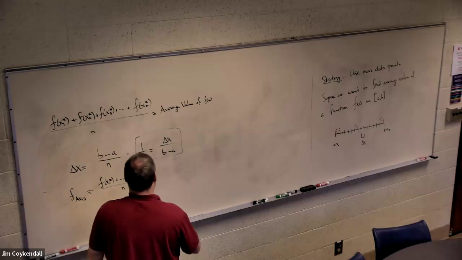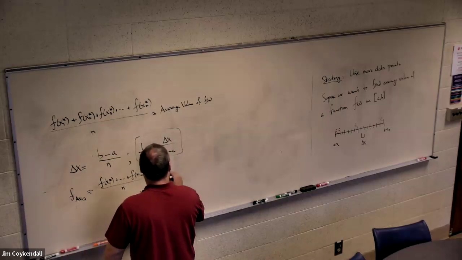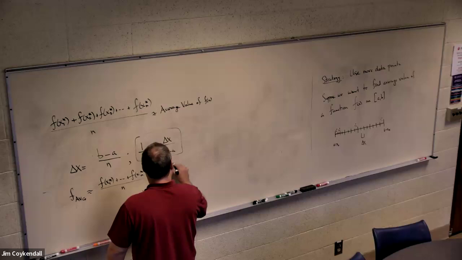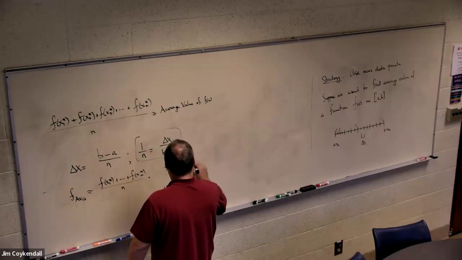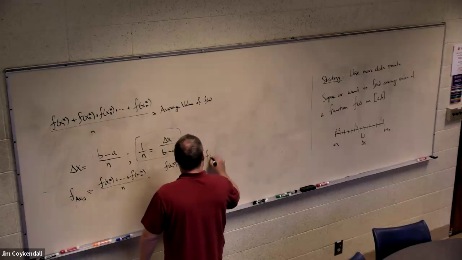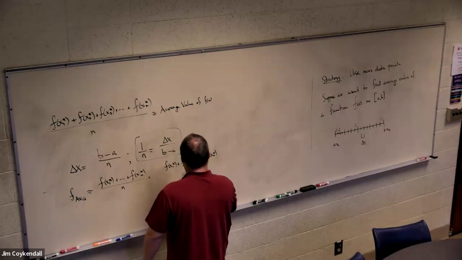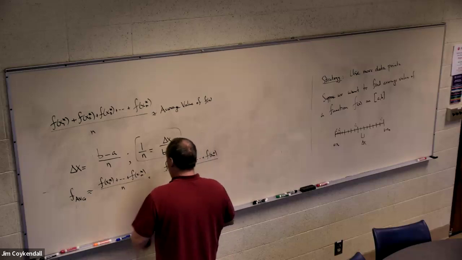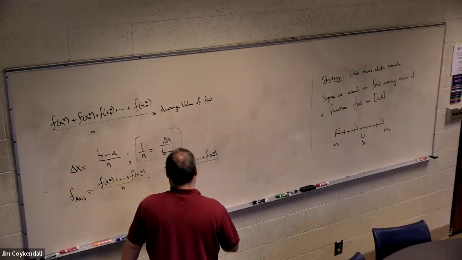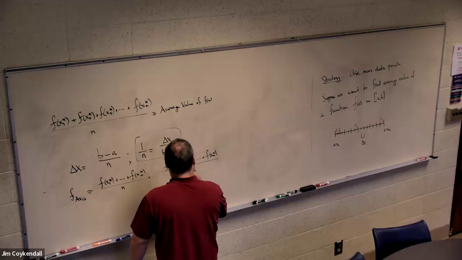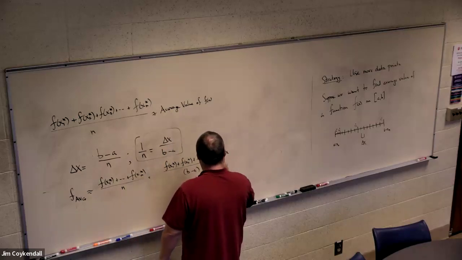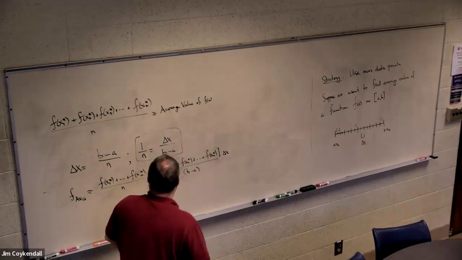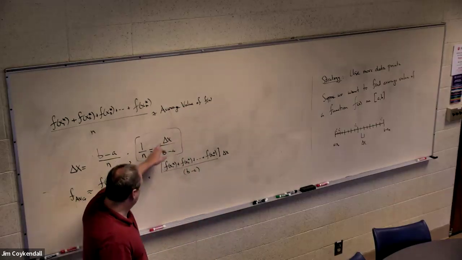But that 1 over n is delta x over b minus a. So I'll replace my 1 over n here with delta x over b minus a.